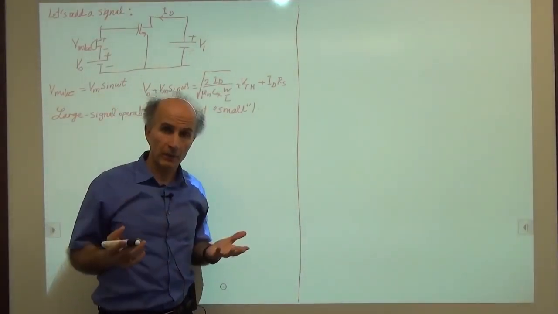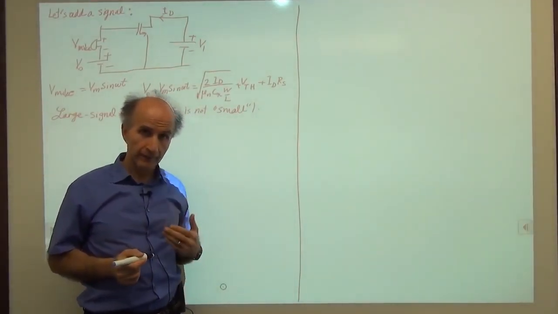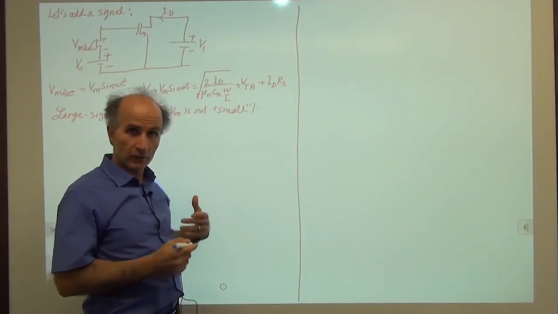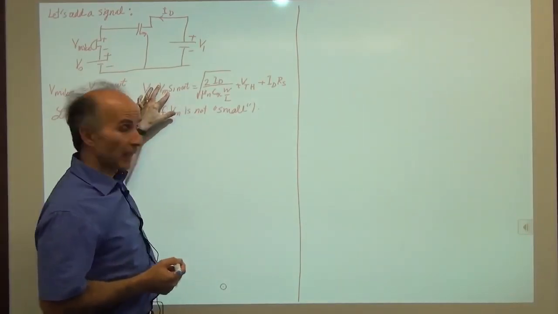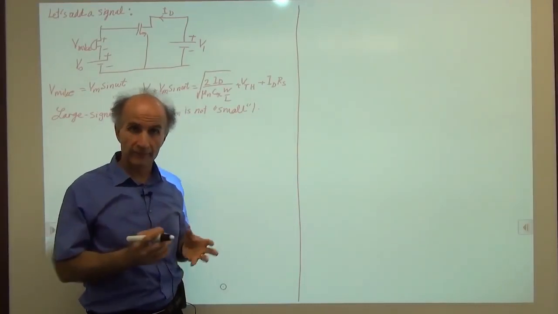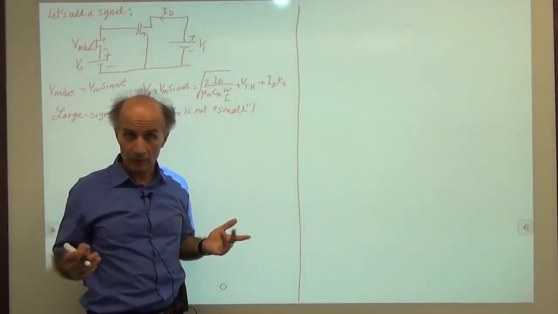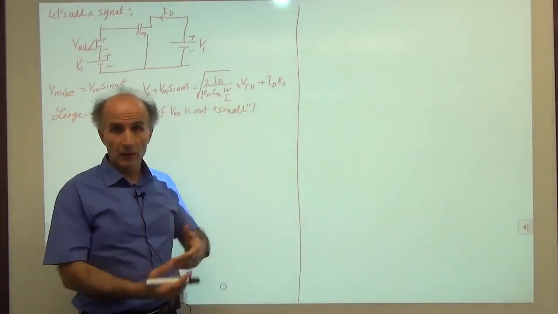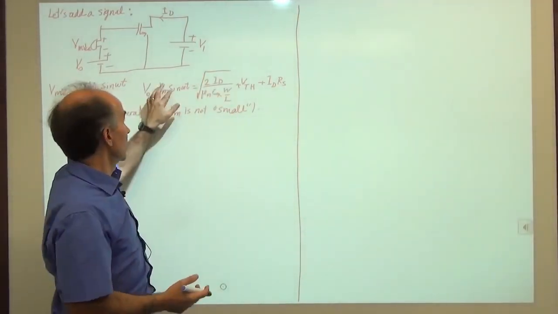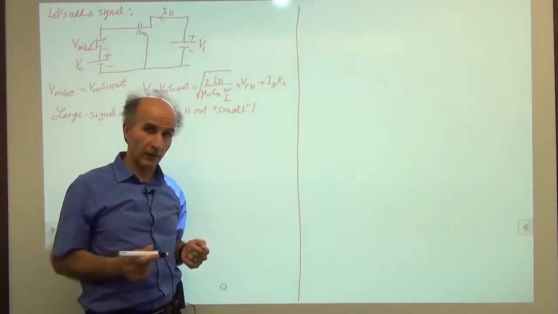So by large signal operation, we mean the signal that's coming to the circuit has a certain amplitude, and that amplitude is not assumed to be small enough. Small enough for what? We'll have to see. But it's not assumed to be small. So it can be anything you want, right? It can become very large. This VM can be 10 millivolts, 15 millivolts, 100 millivolts. We haven't specified anything.